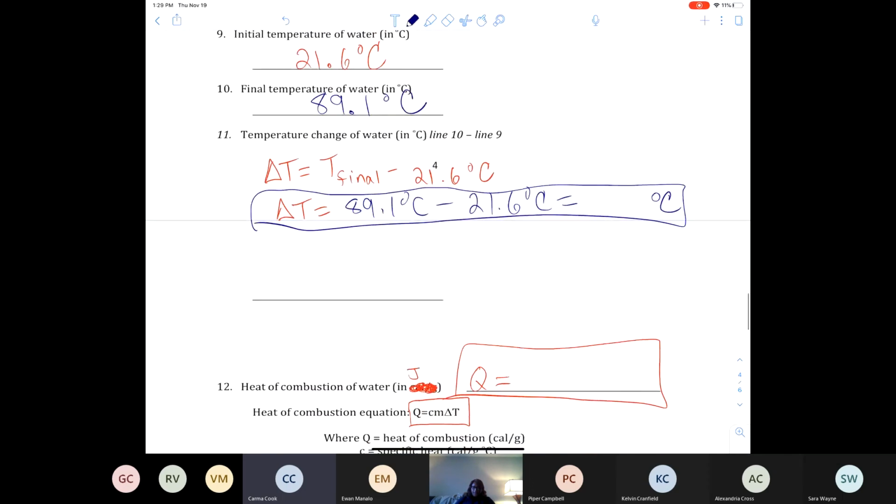So therefore, we take 89.1 minus 21.6, and that gives us our delta T. So there's our delta T. So our temperature changed by 67.5 degrees.